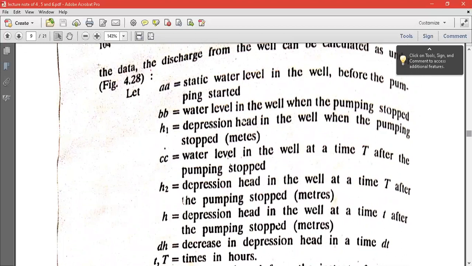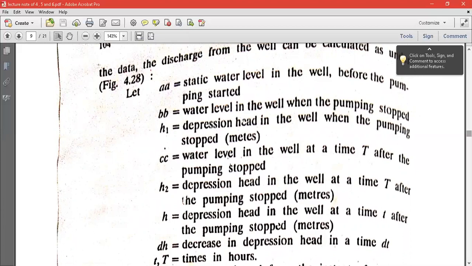So definitely water will go on rising, because pumping out is stopped and water is coming in. So BB is the water level in the well when pumping is stopped. That means from that level the water starts recuperating in the well. Now H1 is the depression head in the well when pumping stopped, that is at the level of BB.